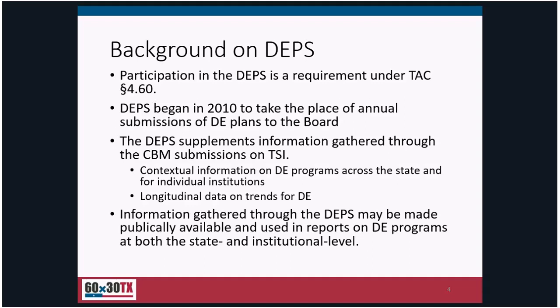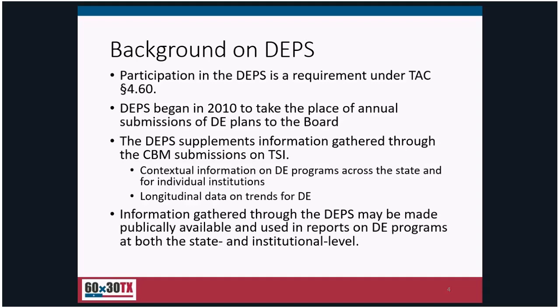But the DEPS supplements information gathered through CBM reporting on the TSI, and it provides contextual information on DE programs across the state and for individual institutions. And one thing about the DEPS is, with the consistency of the questions that we ask over time, we're able to gather longitudinal data for the trends in DE, and thus informs how we make strategic decisions in terms of the direction of developmental education across the state.